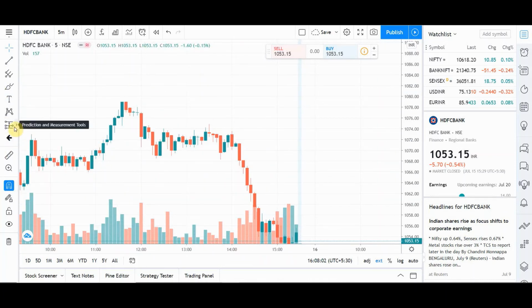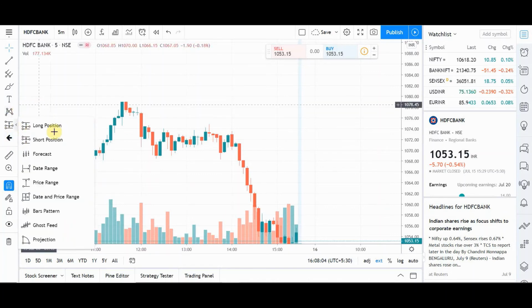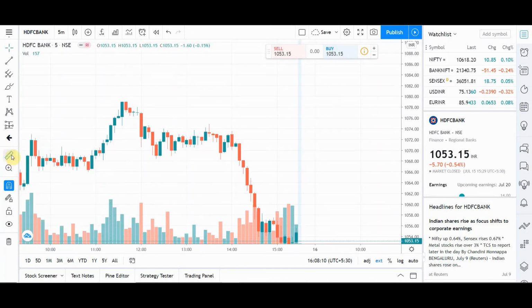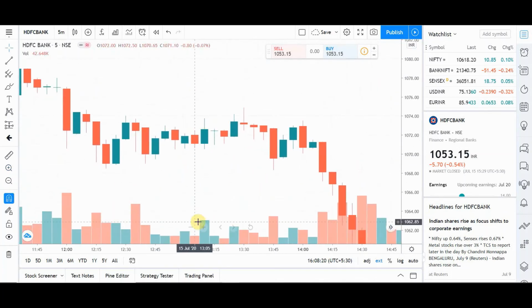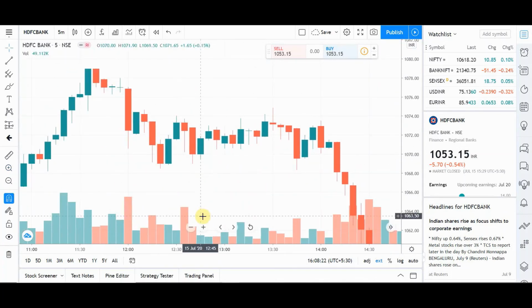And here we can use the measurement tools, where there's a ruler to measure the percentage and other things, and here is a zoom button where we can zoom the stocks according to our preference. And here is a drawing mode, and here is a lock button. So this many features are here in TradingView.